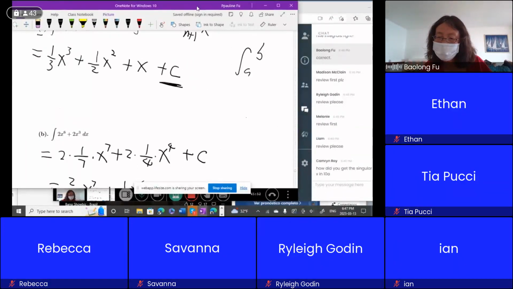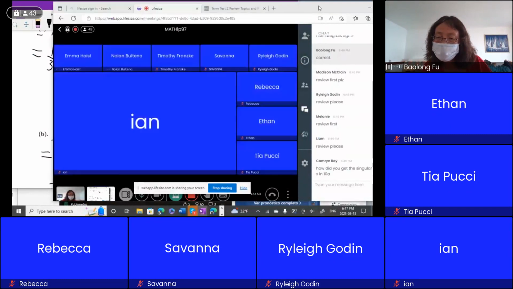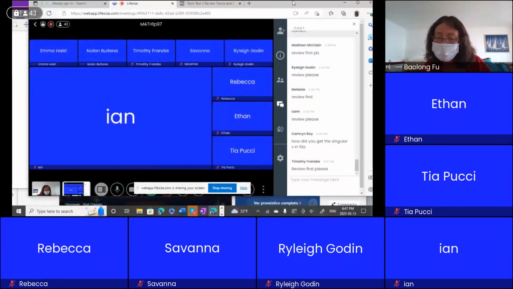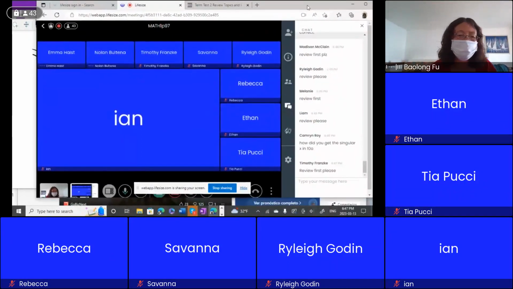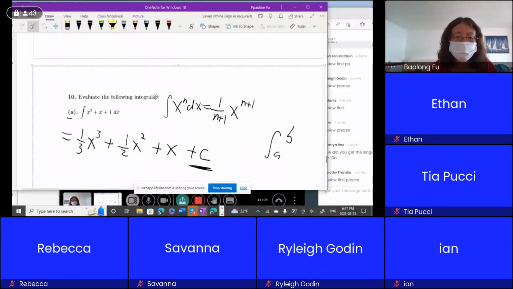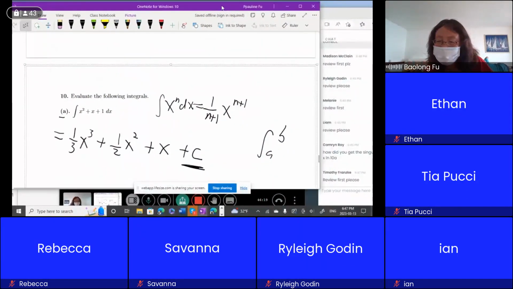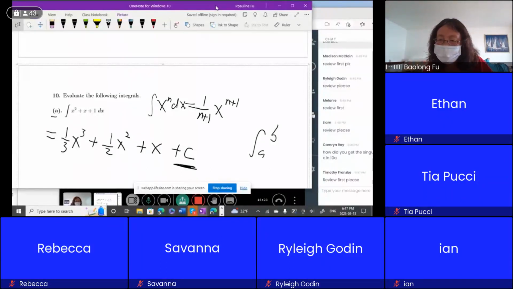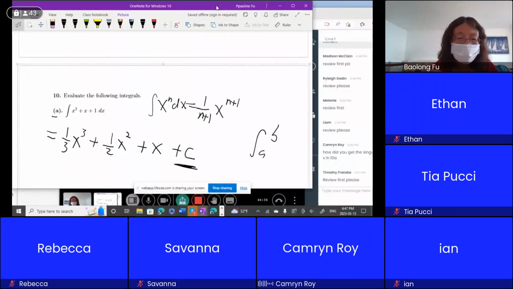How did you get the single x in 10a? The answer to 10a says 1/3 x cubed plus 1/2 x squared plus x.